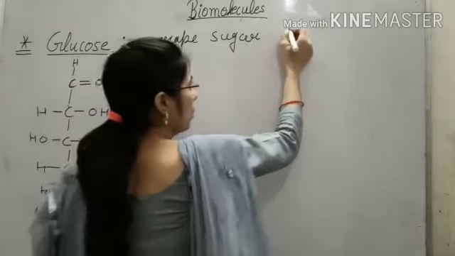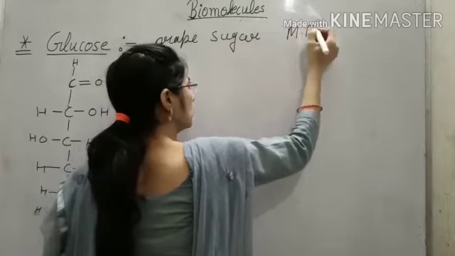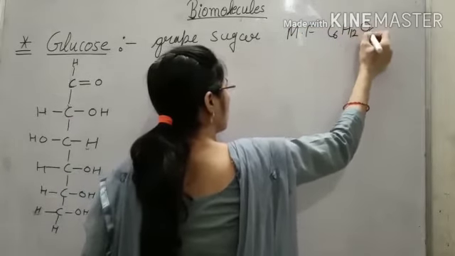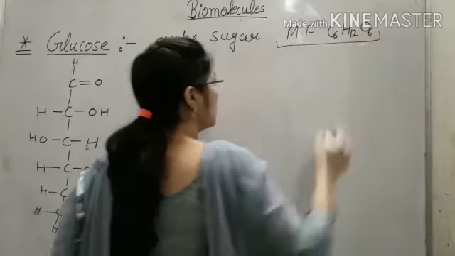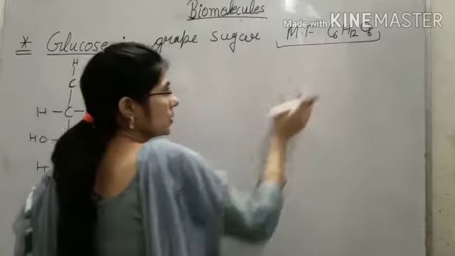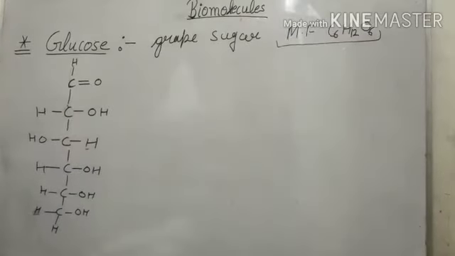The molecular formula of glucose is C6H12O6.